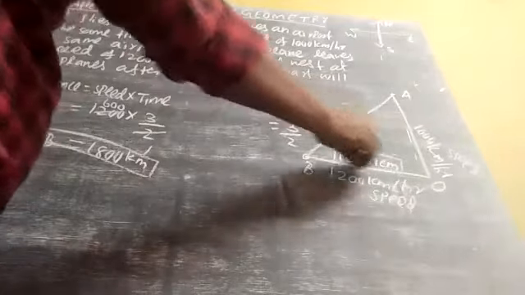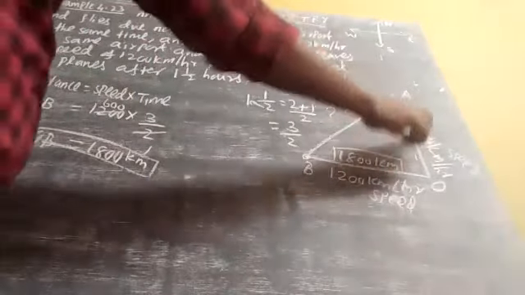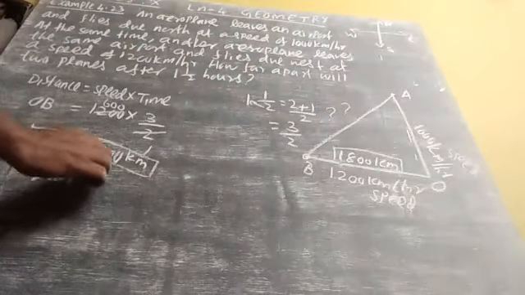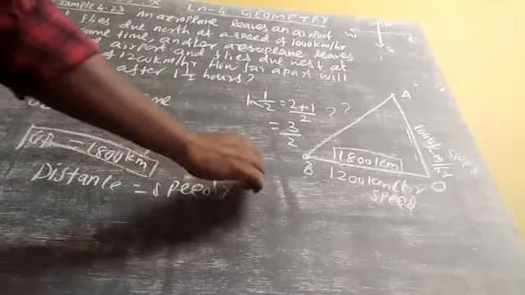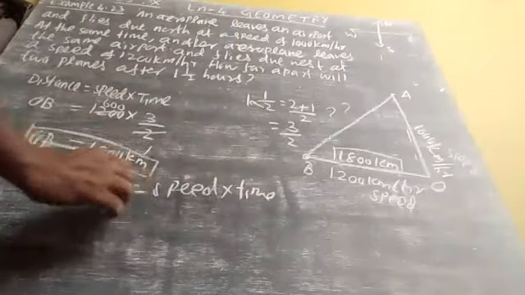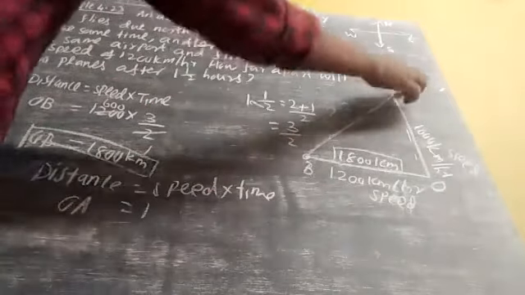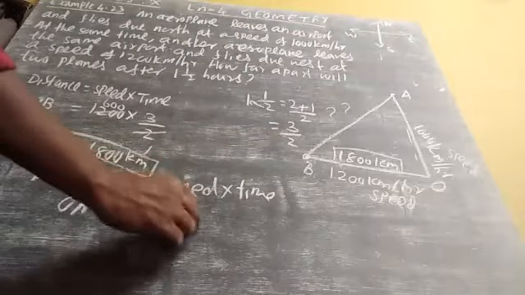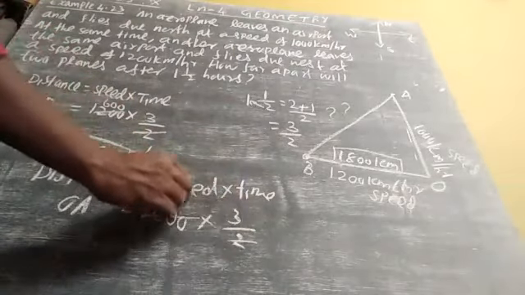I am giving a box also. Next, another one we have to find. Same: distance is equal to speed into time. I am finding distance OA. OA equals speed, 1000 they gave, into 3 by 2. 1 2s are 2, this is 500 times.